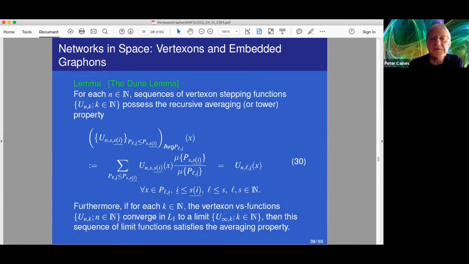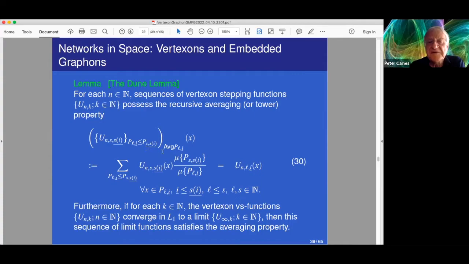Now there's something which I call the Dune Lemma, because I saw how to do this when we were watching the Dune movie. There's an averaging property to the vertexon stepping functions, which is analogous to the tower property of conditional expectations. Here Pl is a coarser partition, and Ps is its refinement, so Pl is coarse and Ps is fine.